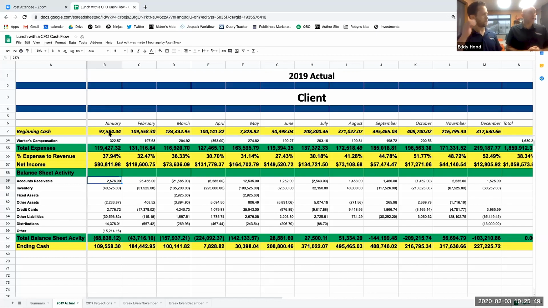So when we look at this accounts receivable of $2,576 in January, that's not our accounts receivable balance. What that's telling me, because it's positive, is that it's increasing cash, which means more customers paid us than what we invoiced out to customers.